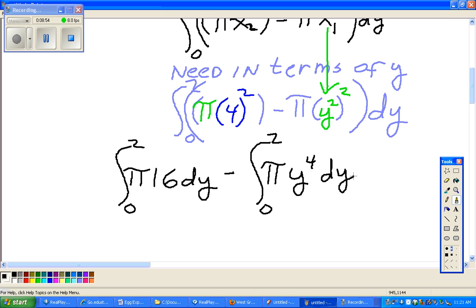For most of us, when you look at that one, it's easier to go ahead and distribute everything through. So I distributed the integrals and I distributed the dy's. Am I okay with that?